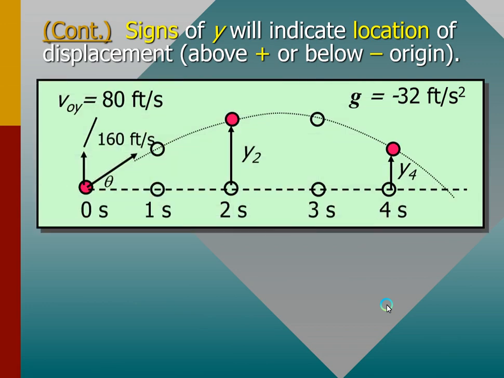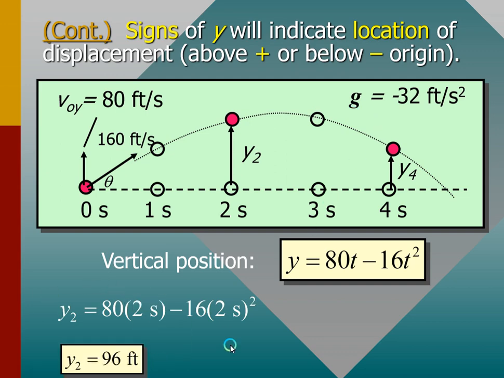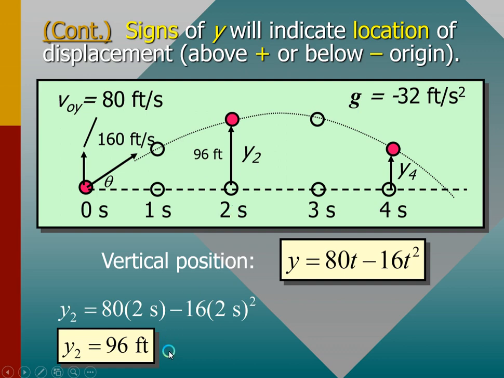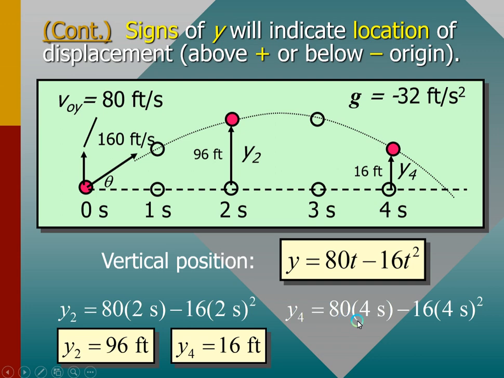Okay, so we have vertical position natin. Kung i-substitute natin ang 2 seconds, that will be 96 feet. So silingon, 96 feet. Next, we have 80 times 4 minus 16 times 4 squared, that will be equal to 16 feet.